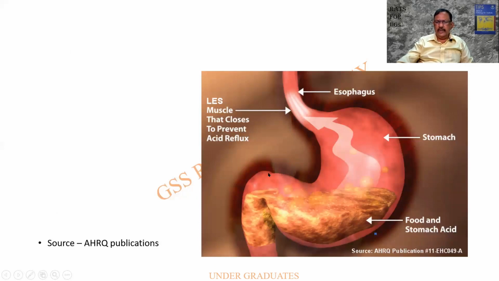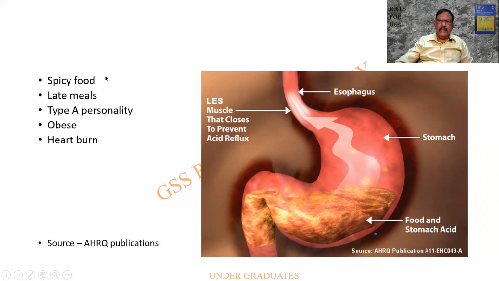This is something that all of us undergo. You find that there is an acid secretion in the stomach and then it goes into the esophagus. And the patient presents with what is called a heartburn. The source of the picture is this.